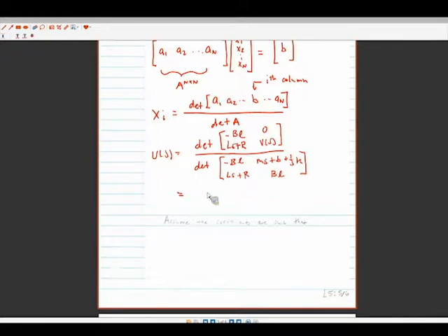Okay, so reminder, 2 by 2 determinants, right? It's going to be the 1,1 entry times the 2,2 entry minus the 1,2 entry times the 2,1 entry.